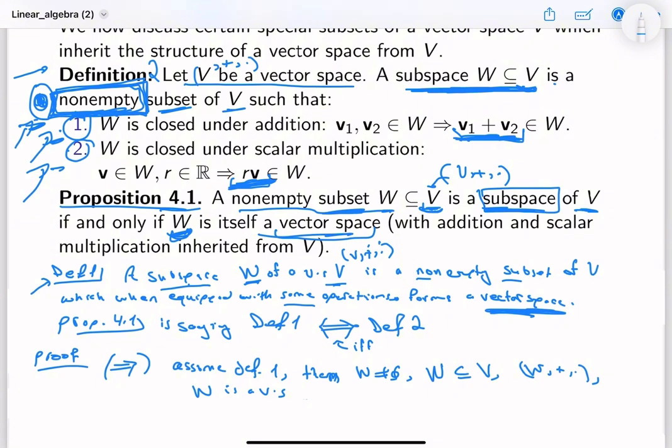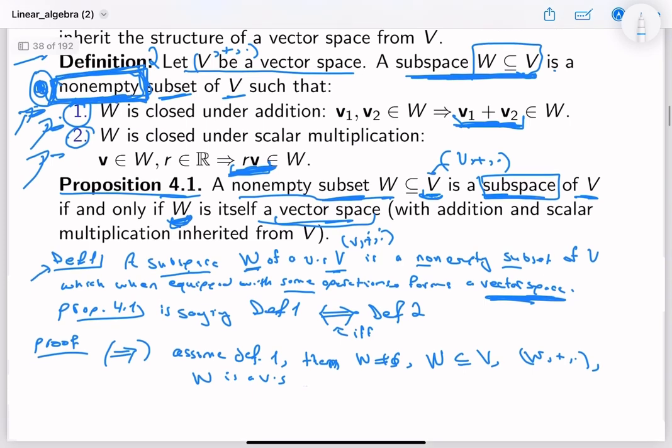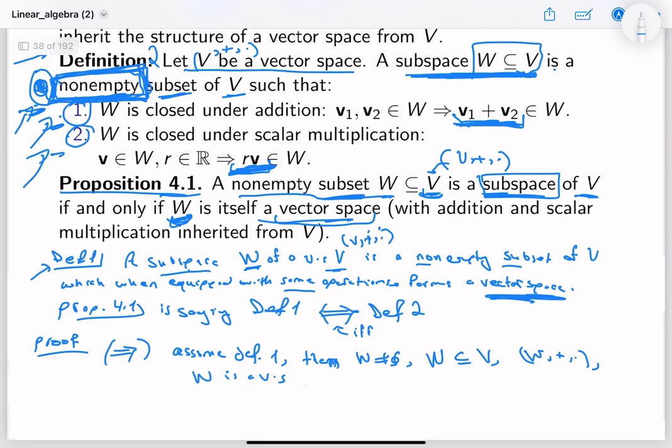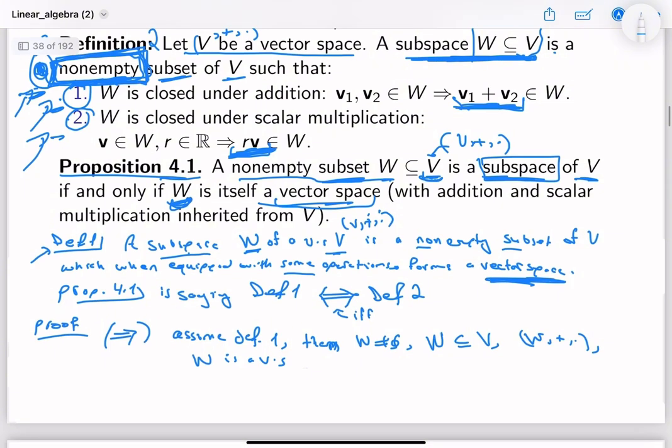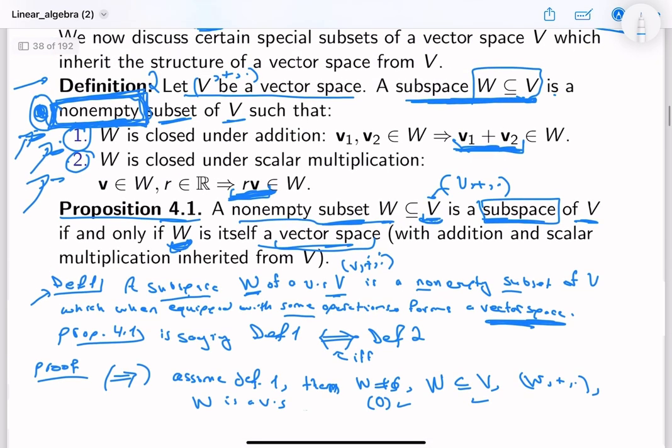Well, first of all, it implies that it's a subset of V. Second of all, it implies property 0, done. And we require that it's closed under addition and scalar multiplication.